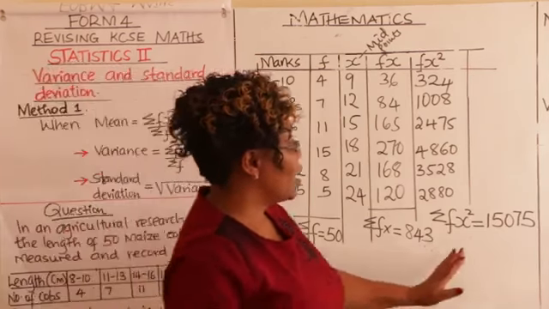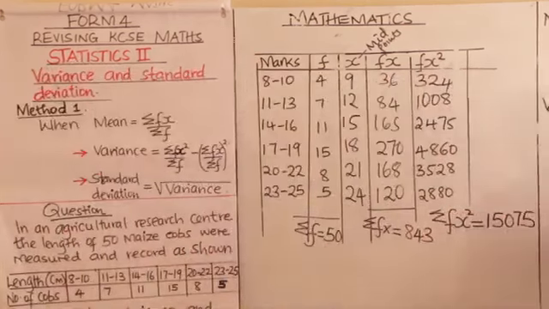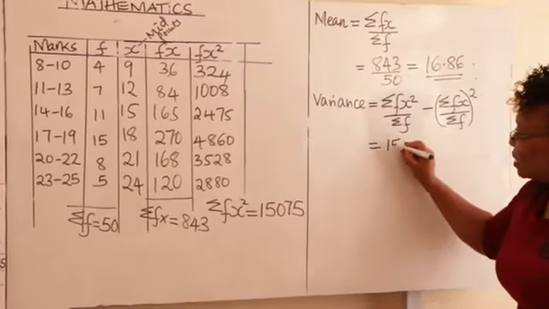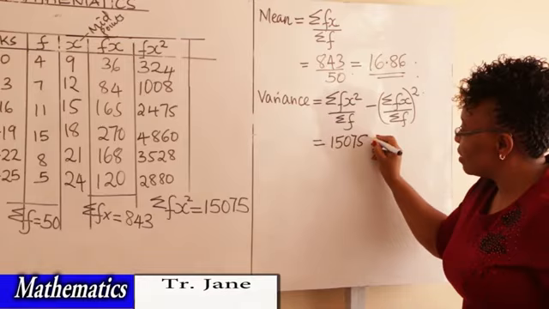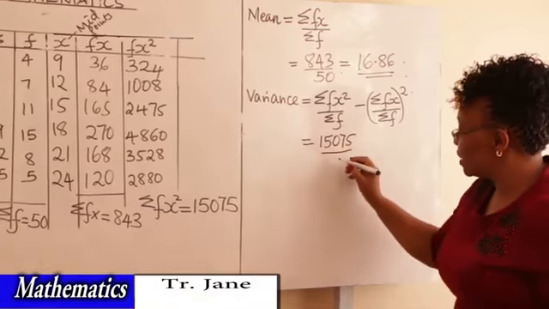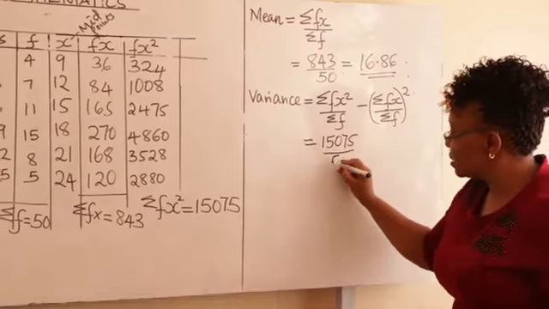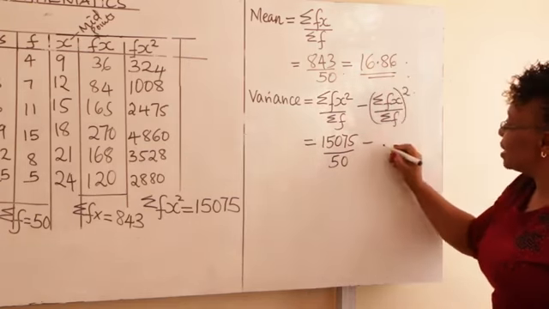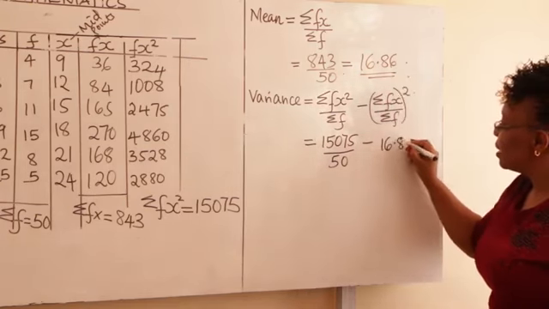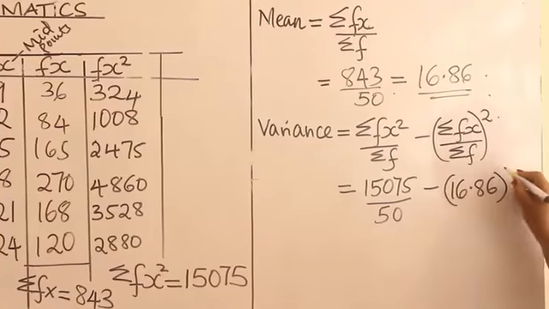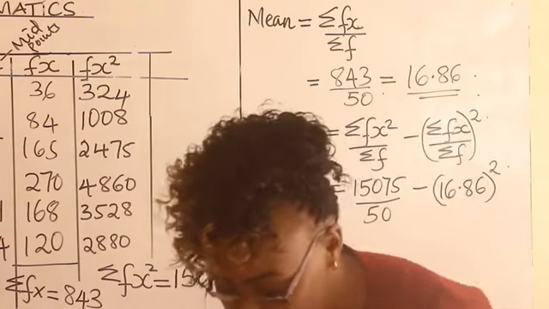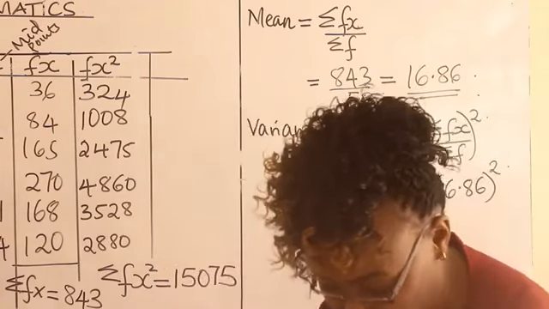You now go to your formula here. So the variance will be equal to 15,075 divided by the total frequency, which is 50, minus your mean squared. So you work out this, learner, using a calculator.